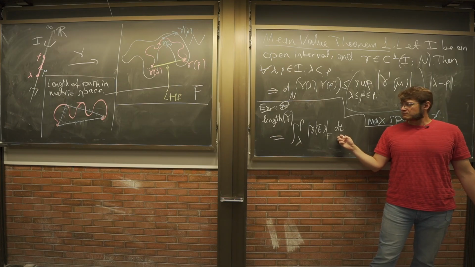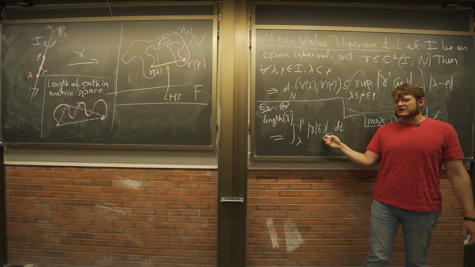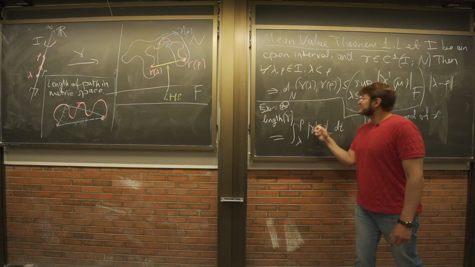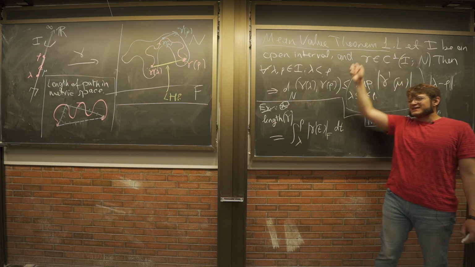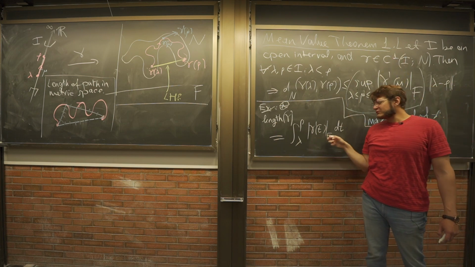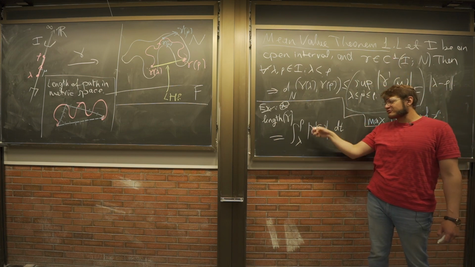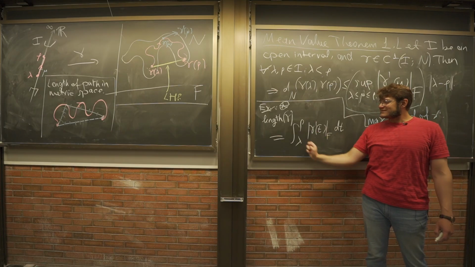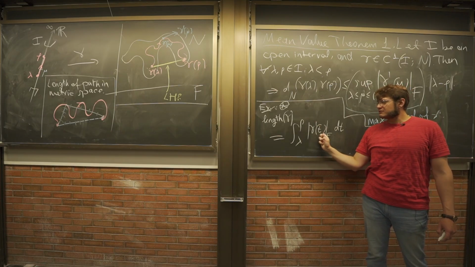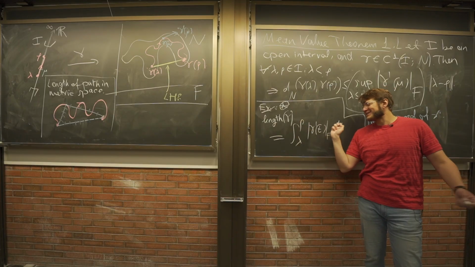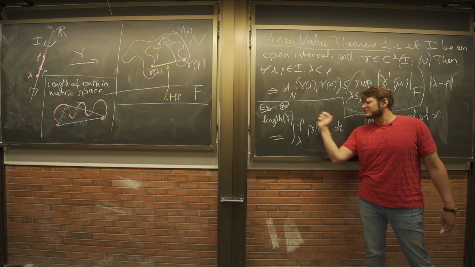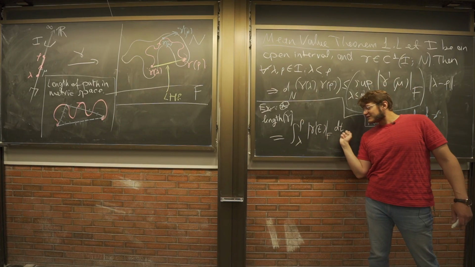Is this integrable? Well, yes, because gamma is continuously differentiable, which means that gamma prime is continuous. And we know that linear algebra is continuous. In particular, norms are continuous. So the integrand is a continuous function of t. Continuous functions are Riemann integrable, and any other type of integrable too, but Riemann integrable at the very least. And because of this, this makes perfect sense.